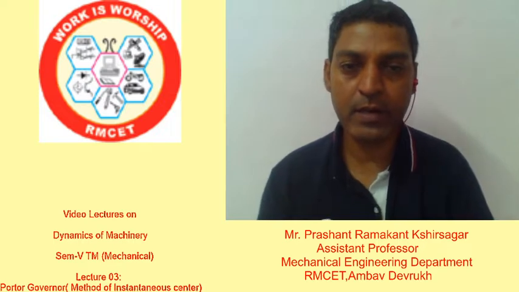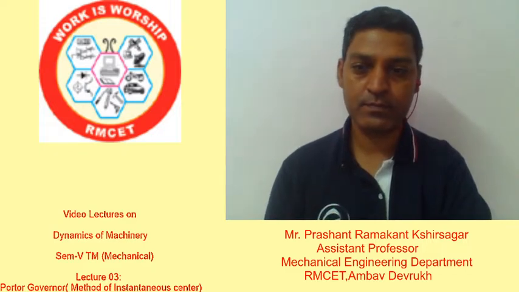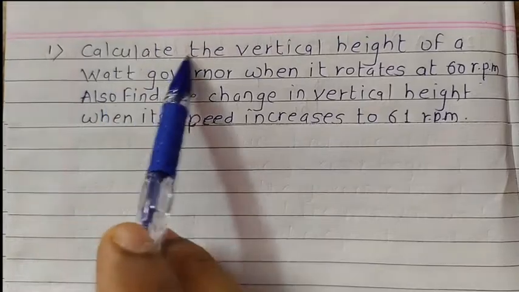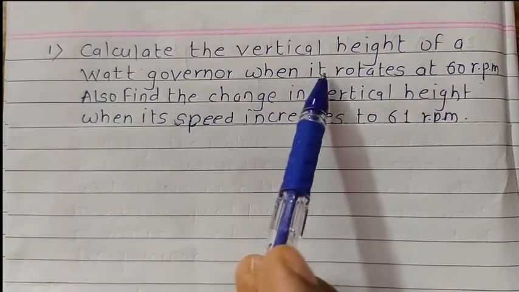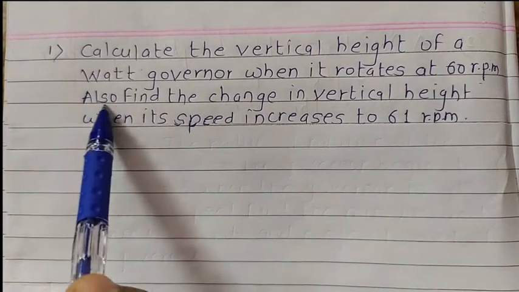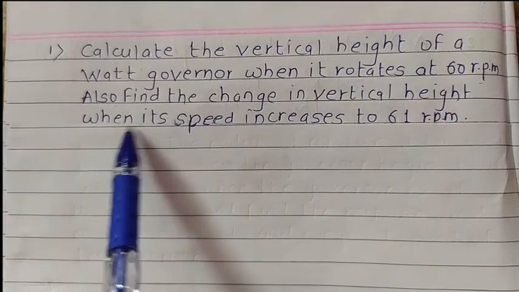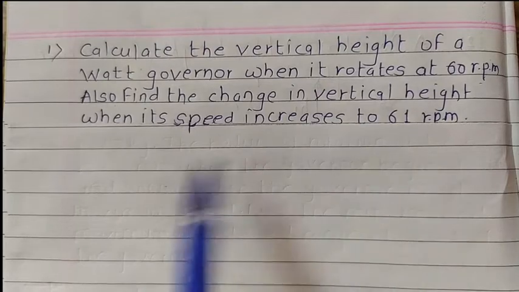Now start with the numerical on Watt governor as well as Porter governor. Calculate the vertical height of a Watt governor when it rotates at 60 rpm. Also find the change in the vertical height when its speed increases to 61 rpm.